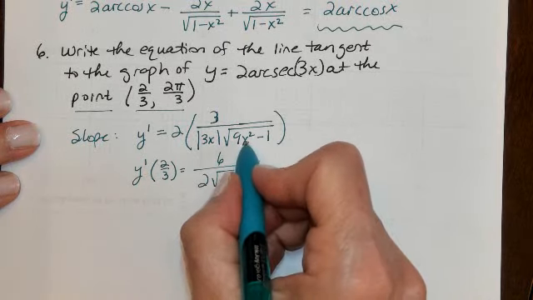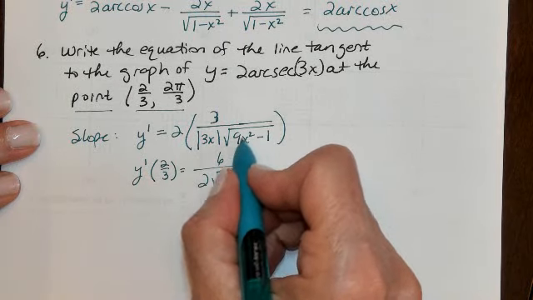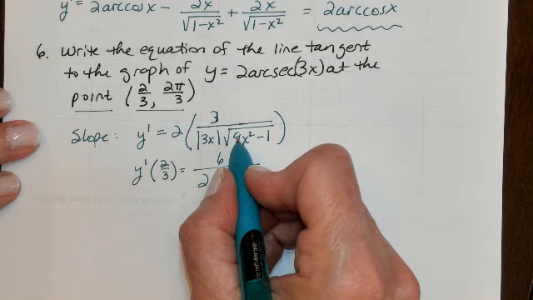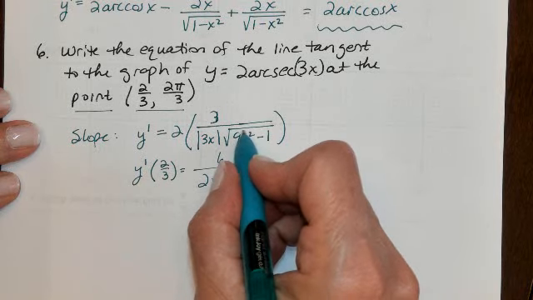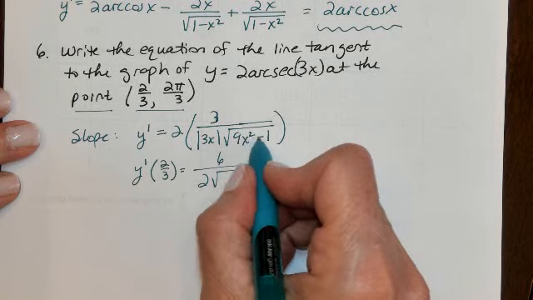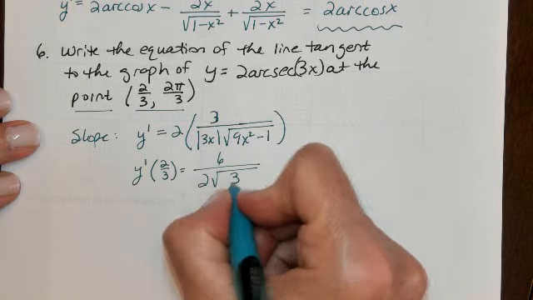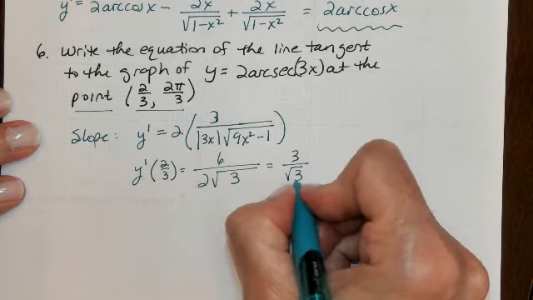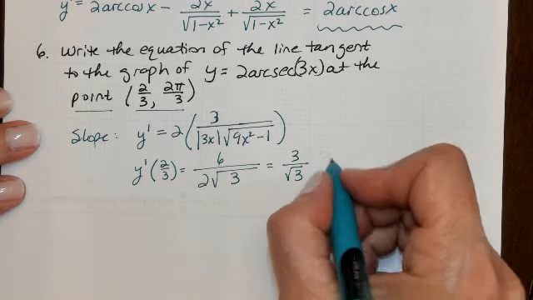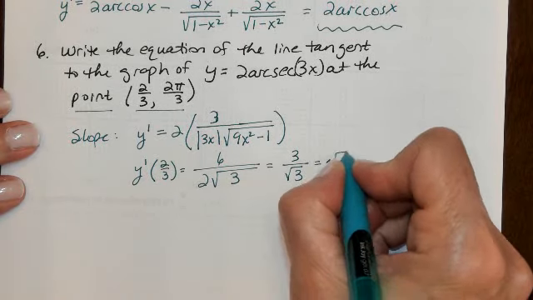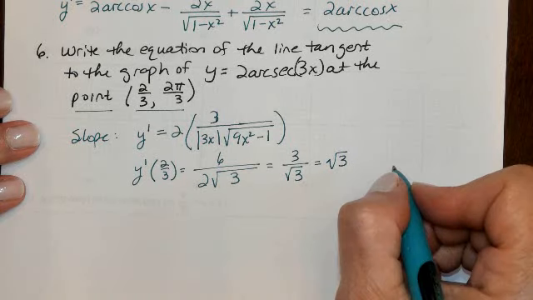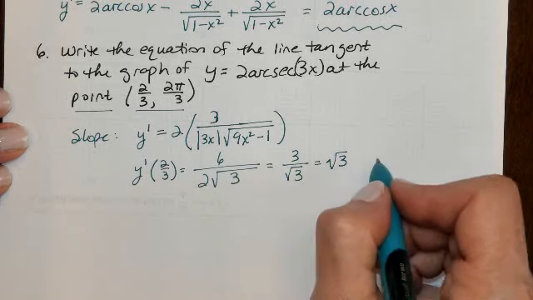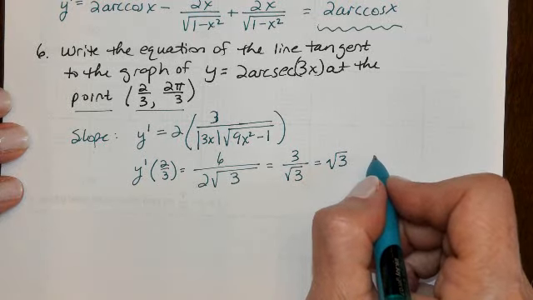Square root, okay, 2/3 in for this x, so that'll be 4/9 times 9 will be 4, and 4 minus 1 is 3, so this will be the square root of 3. So this is 3 over square root of 3, right? Which is just square root of 3. If you rationalize that, you just get a square root of 3. You can totally leave it 3 over square root of 3 if you want to. All right.